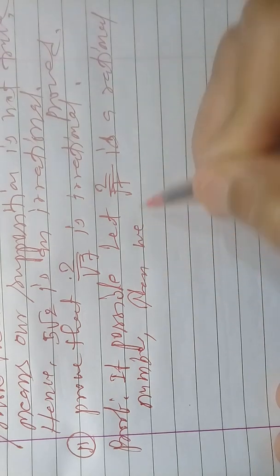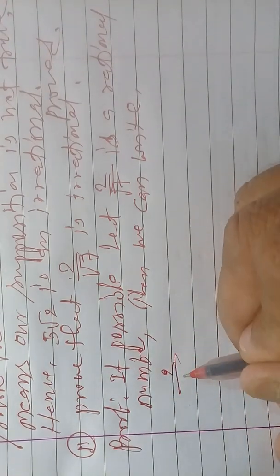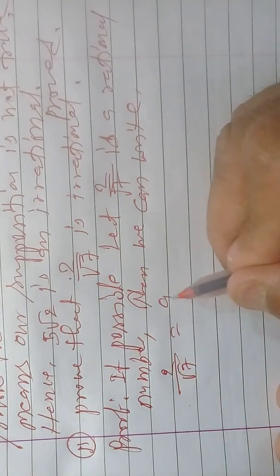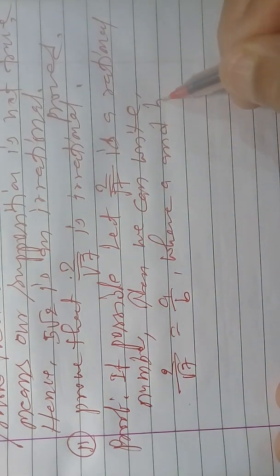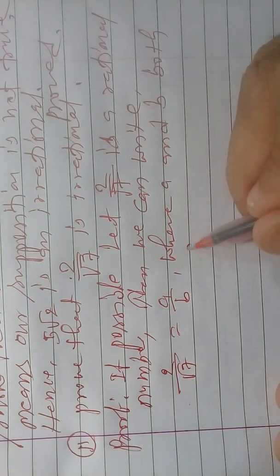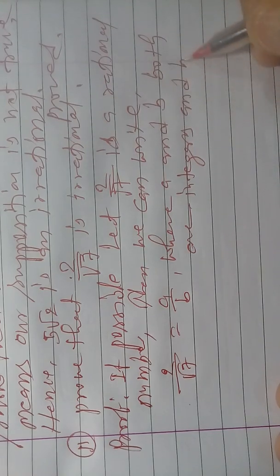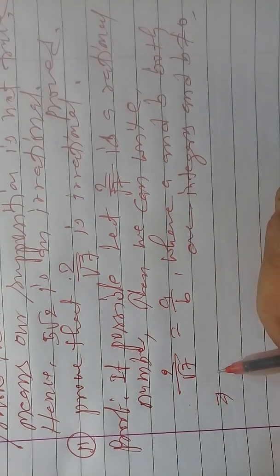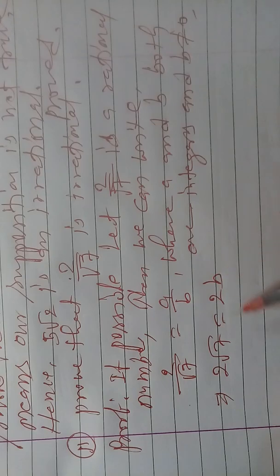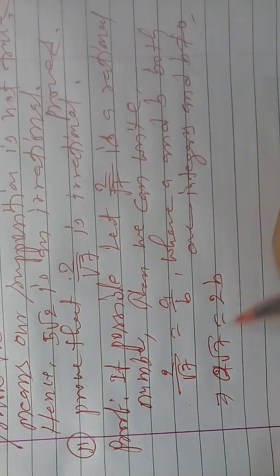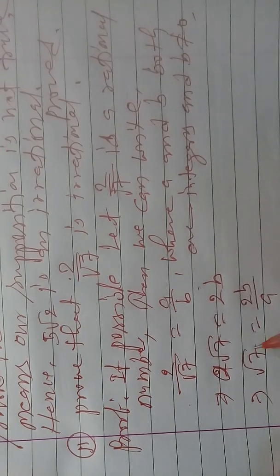Then we can write 2 by root 7 is equal to a by b, where a and b both are integers and b is not equal to 0. Cross multiplying, a root 7 is equal to 2b, which implies root 7 is equal to 2b by a.